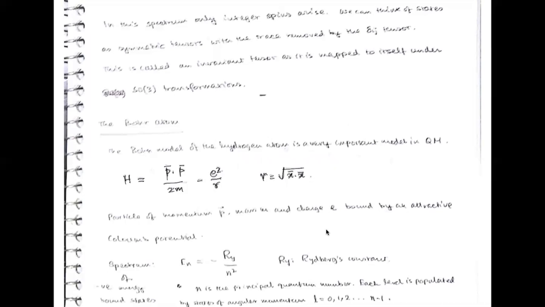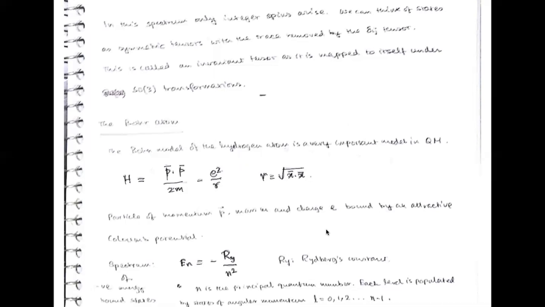The spectrum of negative energy bound states should be familiar to you, and this is given by E_n equal to minus Ry, called the Rydberg constant, divided by n squared.